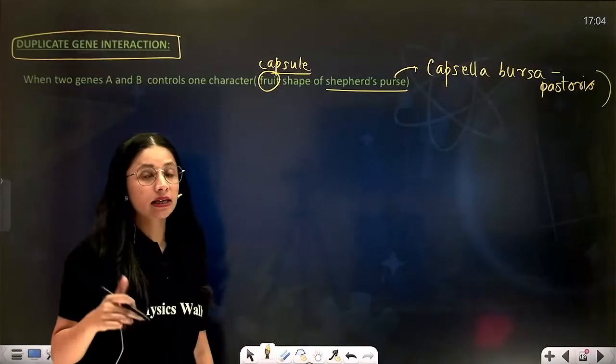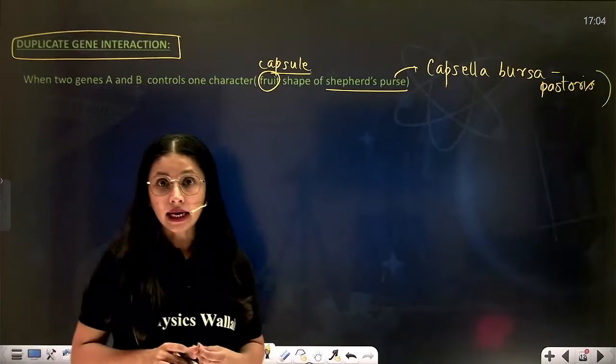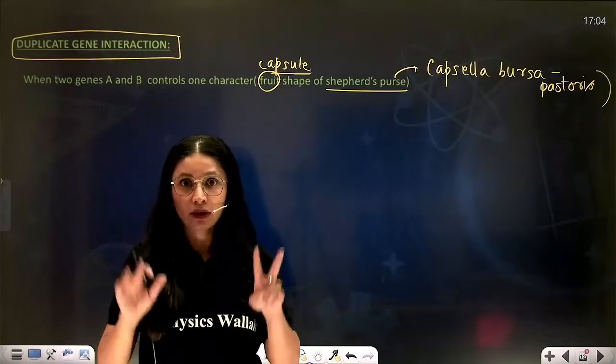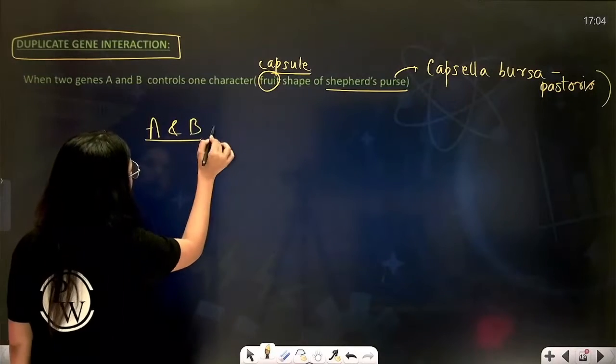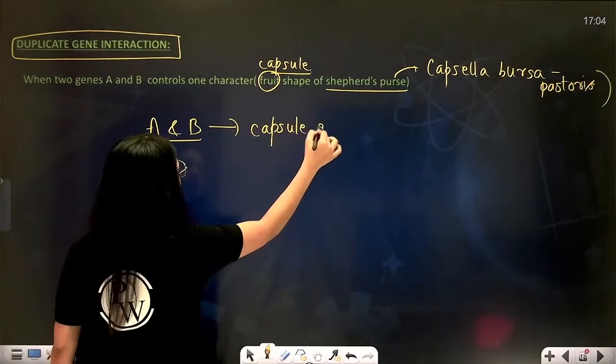Correct? In this, the capsule shape, the fruit shape was studied by Bateson under the heading duplicate gene interaction in two genes. Why? Because there are two genes, A and B, controlling one character, which is capsule shape.